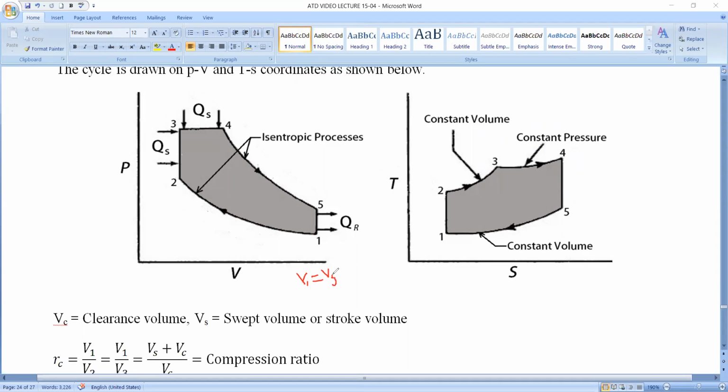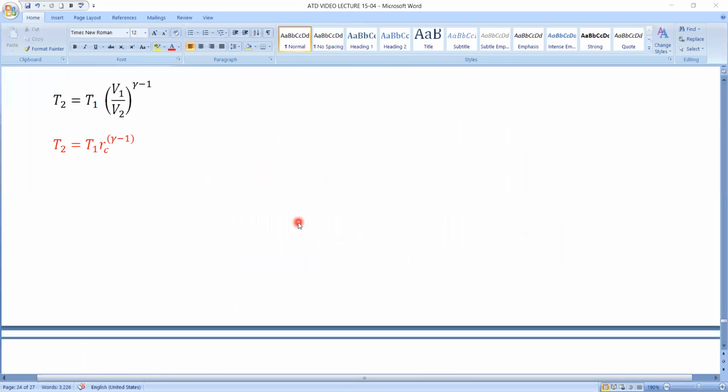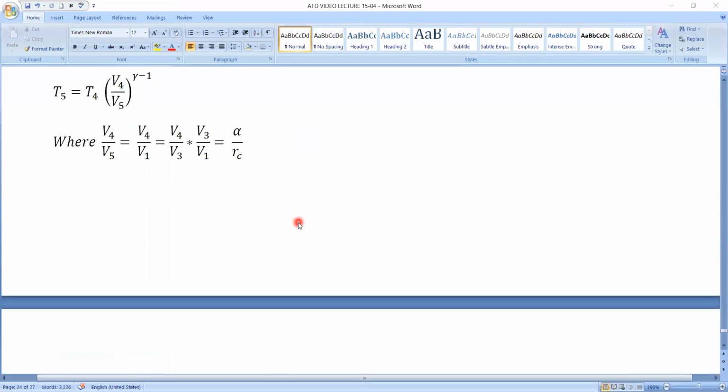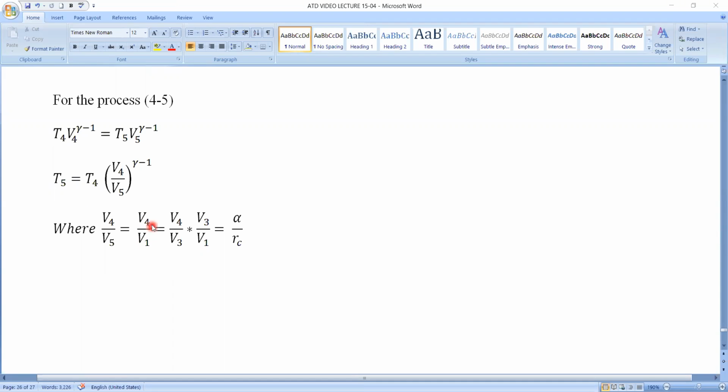Got it? Now V4 by V1 can also be adjusted in terms of V4 by V3 and V3 by V1. I repeat, V4 by V1 can also be written as V4 by V3 into V3 by V1. If I cancel V3, then I'm left with V4 by V1 as it is.